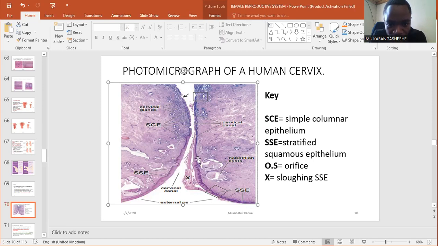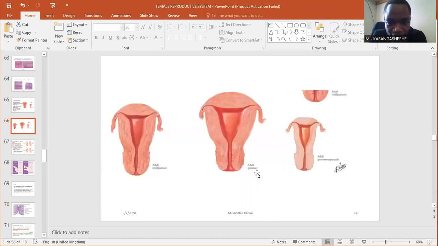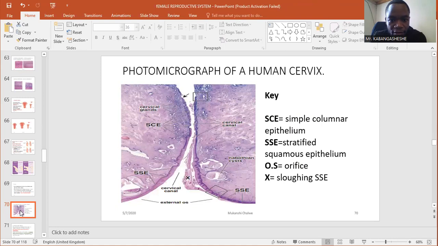All this part will be simple columnar, then going up will be stratified. This side will be stratified squamous, the fornices of the vagina. But in adults, the transition will be somewhere here, where up is simple columnar, then down all the way is stratified squamous epithelium.